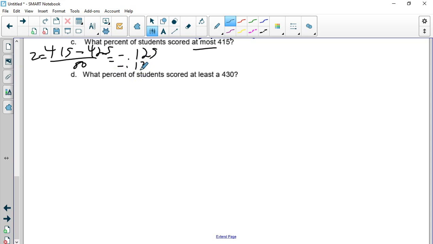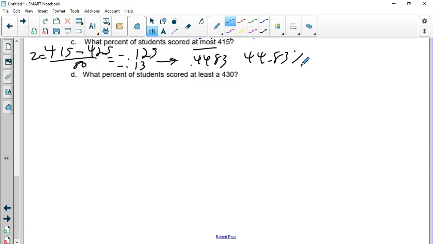So if we look at negative 0.13, that yields an area of 0.4483. So we want less than, so that's an area of 44.83%. So 44.8, almost 45% of the population did 415 and below.